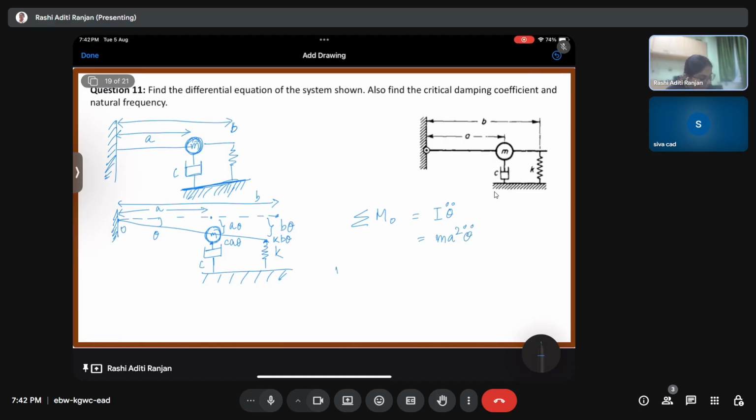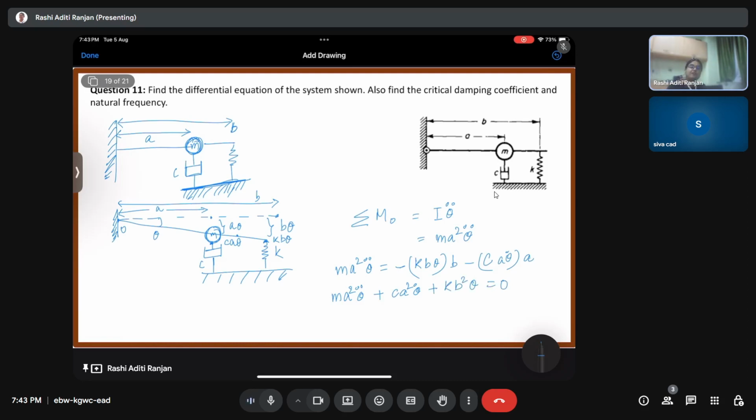And this m a square theta double dot is going to be nothing but the spring force K B theta into the arm length B with a minus. Then we have C, here it should be theta dot, A theta dot into the arm length A, minus. Okay, so we have m a square theta double dot plus C a square theta dot plus K b square theta is equal to 0. Okay, so this is my equation of motion.